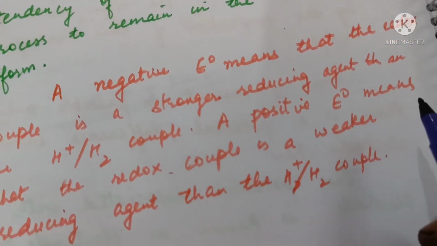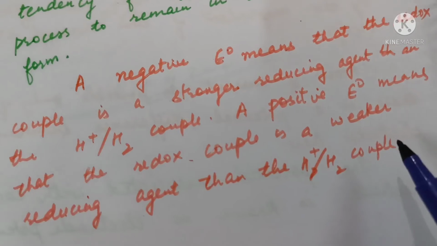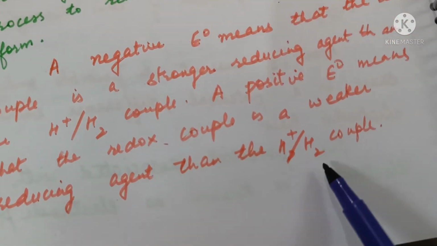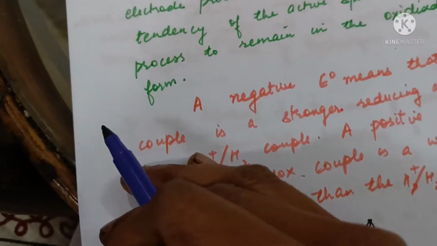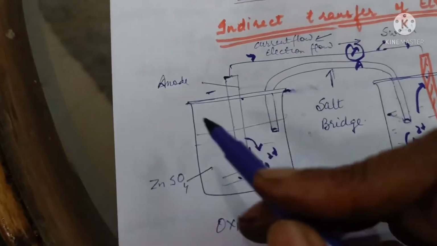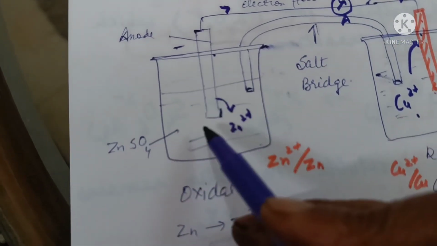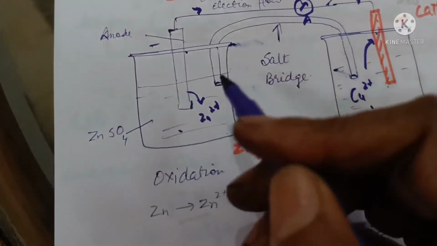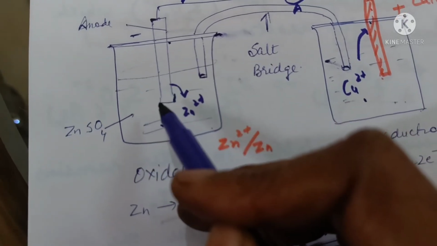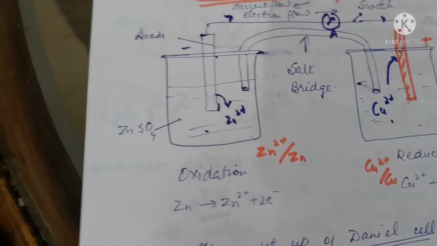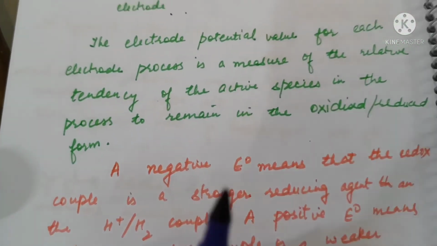A positive electrode potential means redox couple is a weaker reducing agent than the hydrogen ion hydrogen couple. This electrode in contact with its solution is called a couple. So if E naught value is negative, it is a stronger reducing agent, and if E naught value is positive, it is a stronger oxidizing agent and a weaker reducing agent.